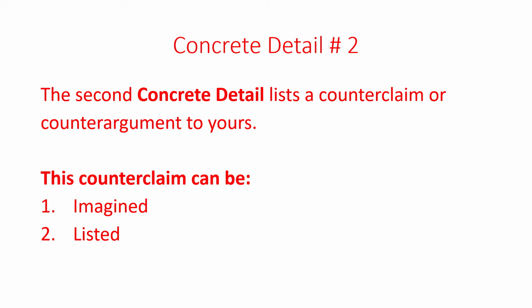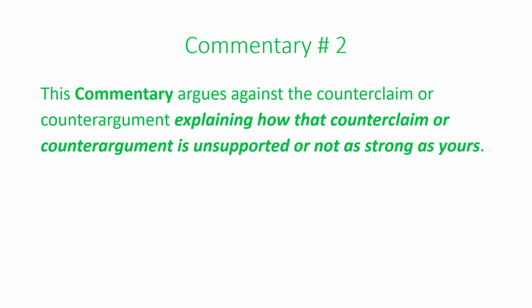And if that's the case, you'll have to cite their counterclaims, and then in the next sentence, the commentary, you'll argue against the counterclaim or counter-argument by explaining how it is unsupported or not as strong as yours. And if it's unsupported, you'll have to explain why their evidence is not strong, or maybe they have made a fallacious argument. In that case, it will be good to know logical fallacies.